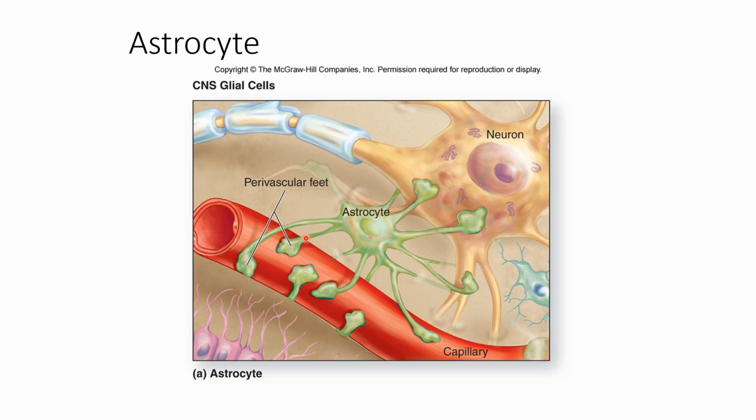That barrier is important because your capillaries, which are basically your blood vessels, carry nutrients, but they also carry waste. You don't want the waste to get out of your capillaries and enter into your brain tissue. So your astrocytes basically prevent any leakage or movement of any unwanted substances from your blood into your brain tissue.